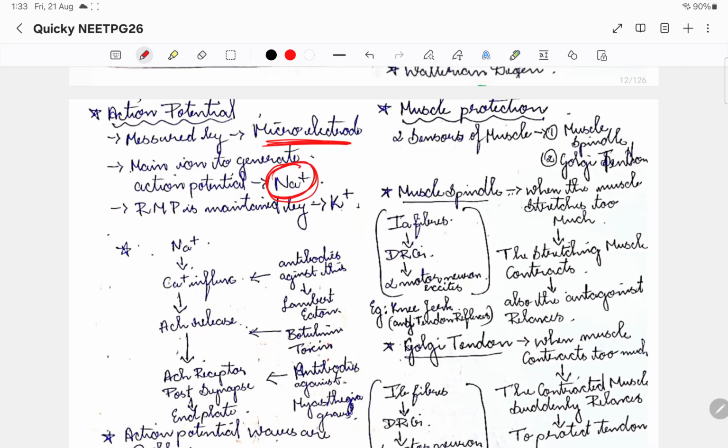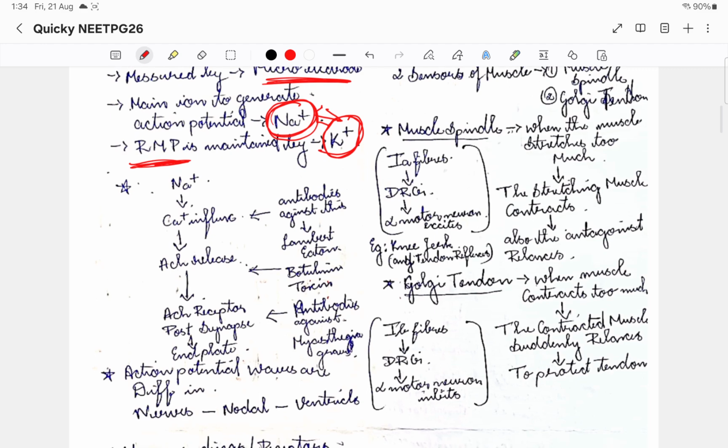Remember this. Sodium is the main ion helping in generation of the action potential, whereas the RMP, the resting membrane potential, is maintained by potassium. These are the two electrolytes that are very important in the generation of the action potential and the maintenance of the resting membrane potential.